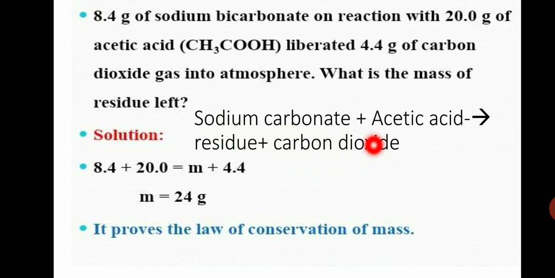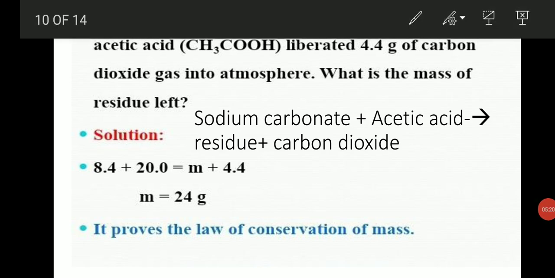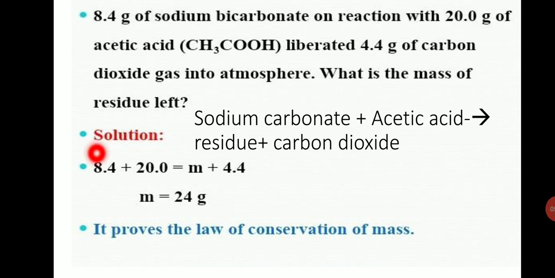So this is the equation. First of all, you have to write the equation, then only you can straight away identify the values. Sodium carbonate reacts with acetic acid, gives a residue and carbon dioxide. So write the values: sodium carbonate 8.4, acetic acid 20, but the residue mass we have to find out, so you can write X, and carbon dioxide 4.4.